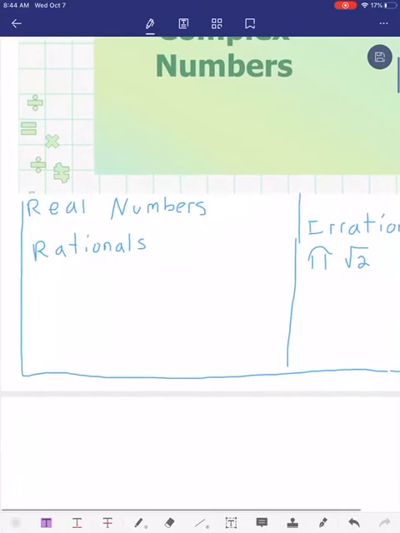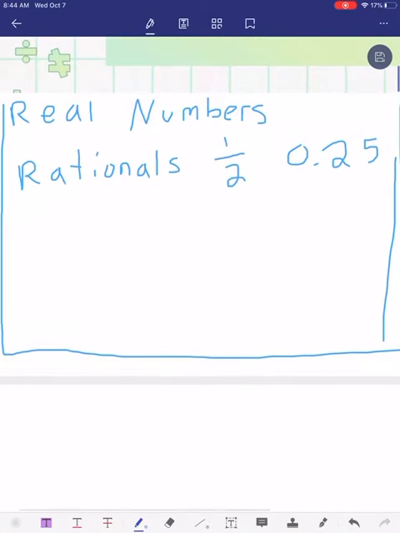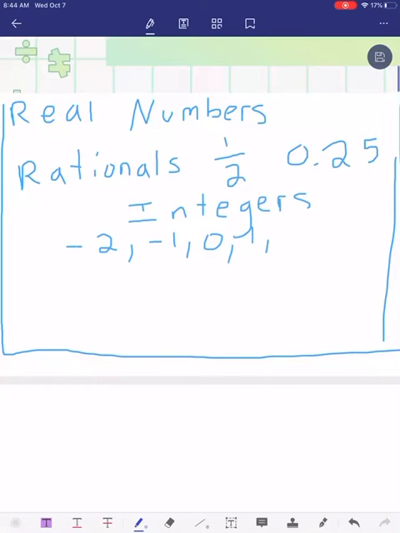Now, inside of our rationals, remember our rationals are anything that we can write as a fraction or that we can convert to a fraction, so like 1/2 or 0.25. Then within our rationals, we also have a couple of other sets. Remember that we have our integers, which are going to be our numbers like -2, -1, 0, 1, 2, and so forth.